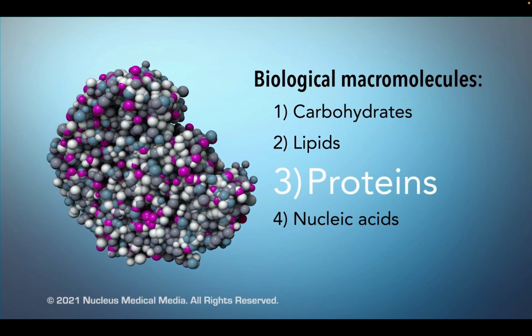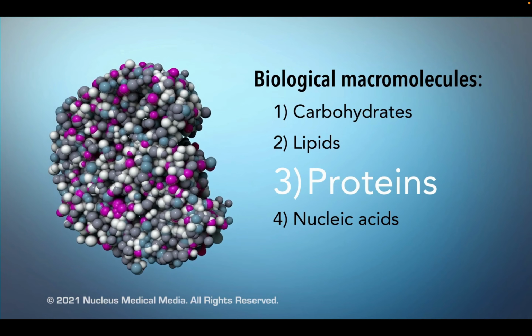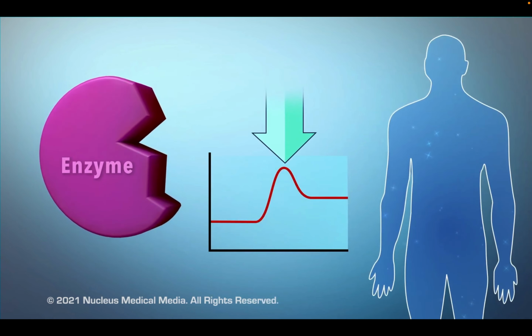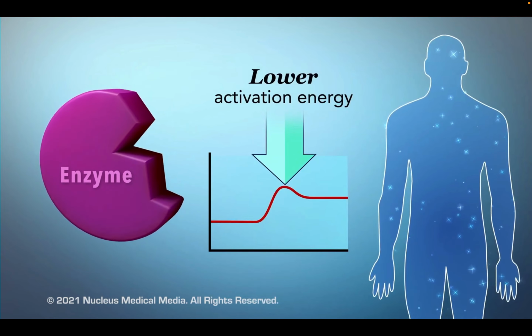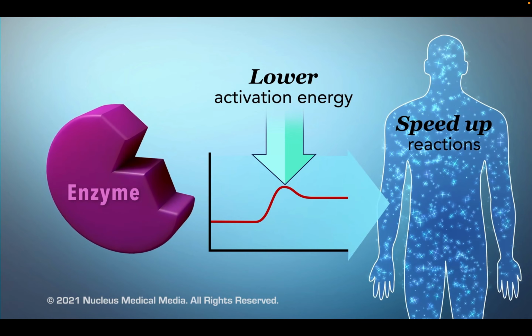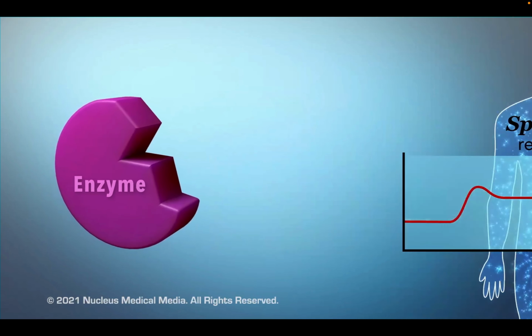Proteins are one of the 4 types of organic compounds. We'll discuss them in more detail separately. Enzymes make life possible by lowering the amount of activation energy needed and therefore speed up reactions that would otherwise take too long. You need enzymes to stay alive.